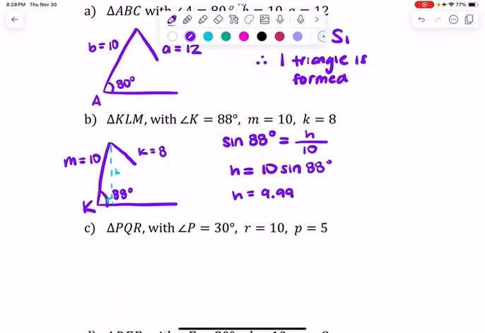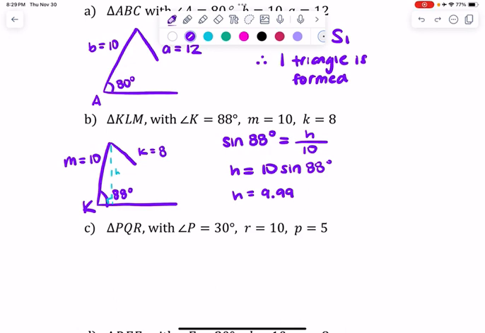Now, I don't have units here because there's no units provided to me in the side lengths, so I'm cool with not having units. You might also wonder, how do I know what to round to? I don't know. 2 decimal places are always good. But when we take a look at this, my final answer isn't determine the height. My final answer is how many triangles do I have?